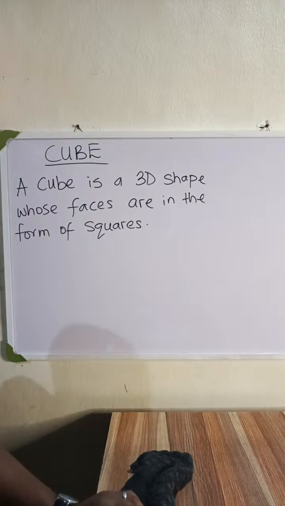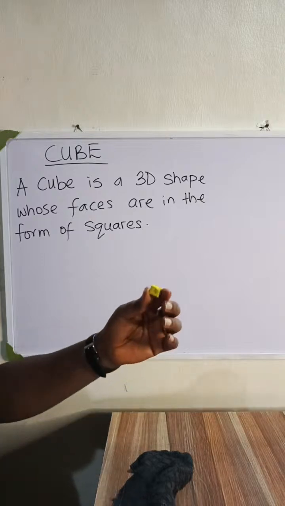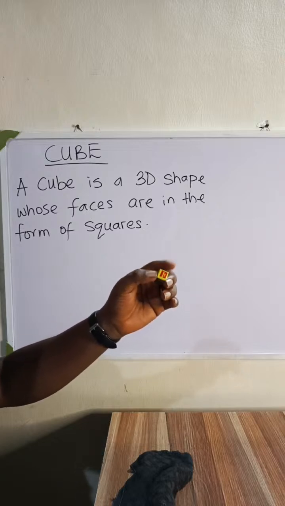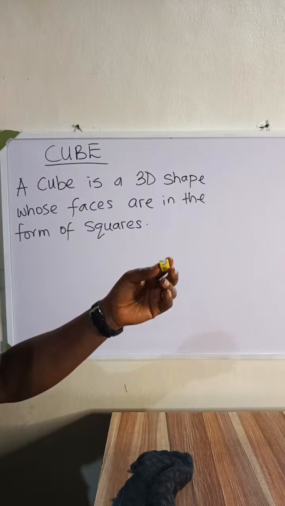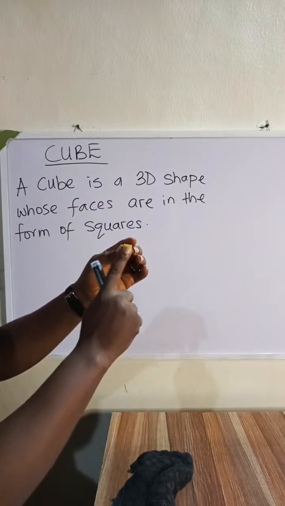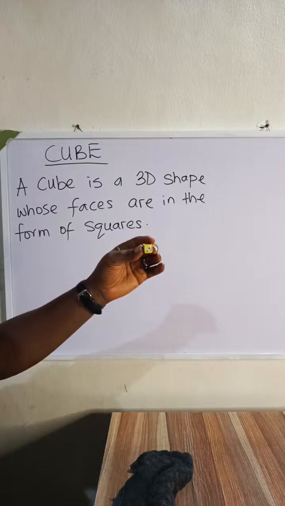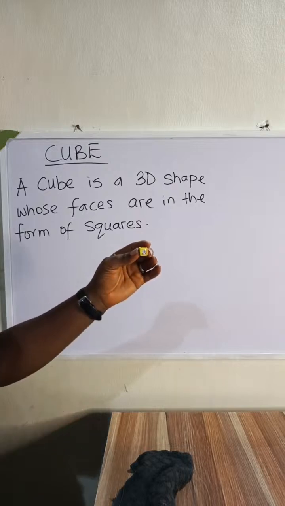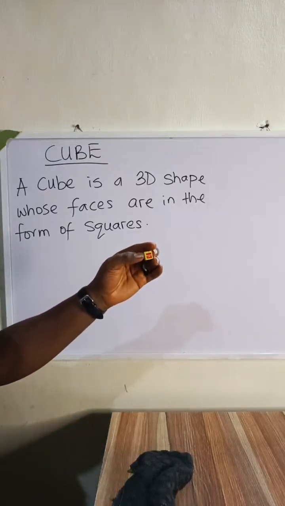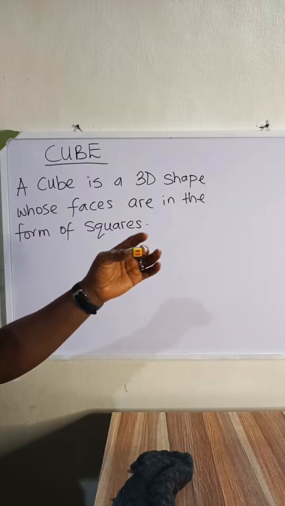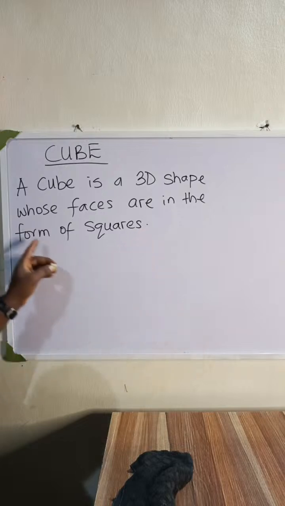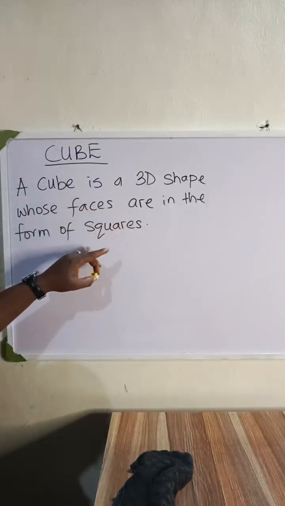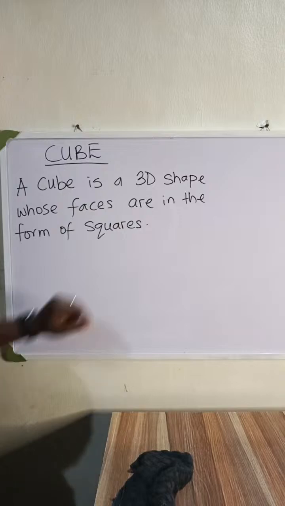So let's look at an example. This is a solid shape, right? This is a cube. If you look at this surface here, all the sides are equal. So this face that you're looking at looks like a square. If I face this side, this also looks like a square. So each face of a cube is in the form of a square.